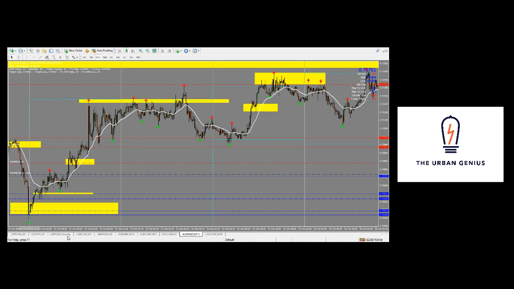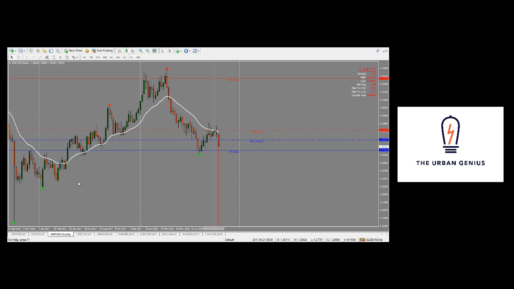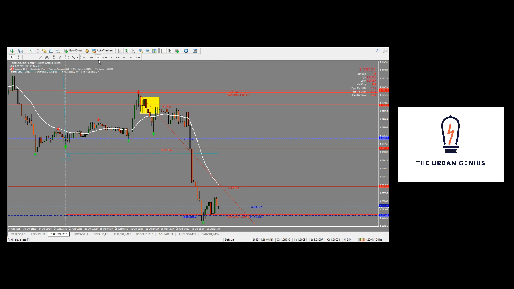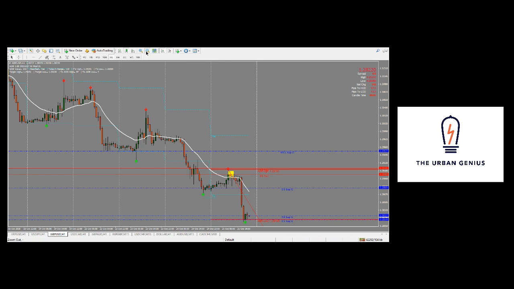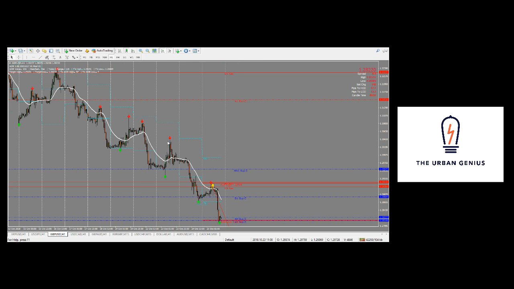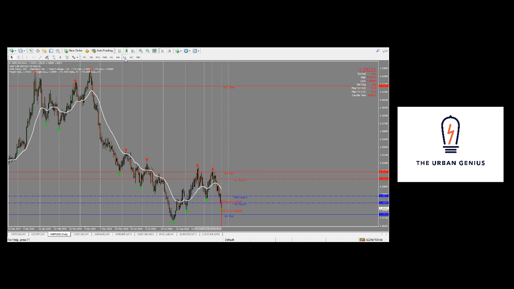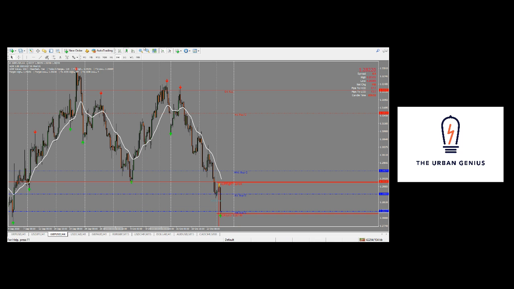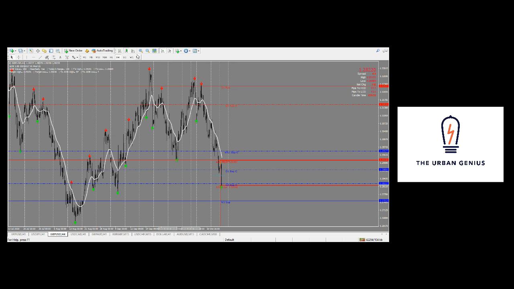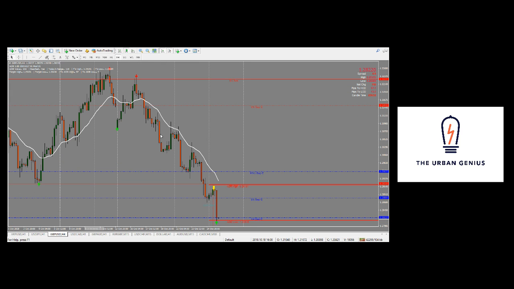Let's look at the pound USD. Okay, we can clearly see some levels in here. But now, on this particular chart, the cycle is actually playing out on a higher time frame than the hour chart.